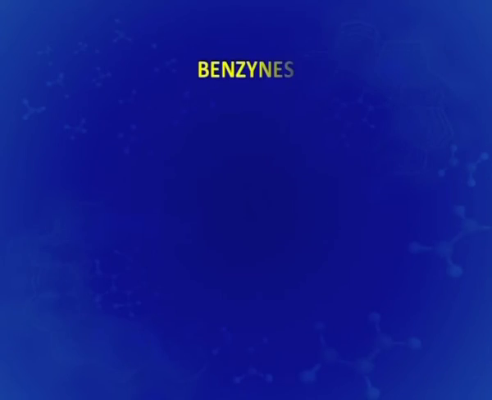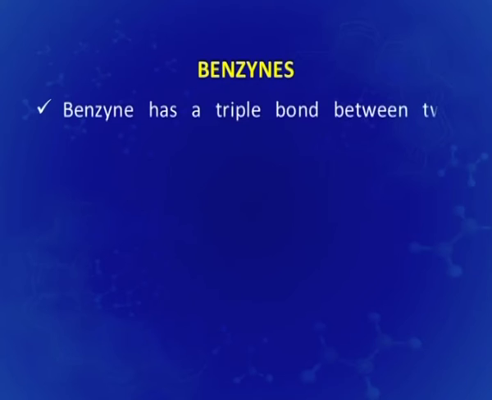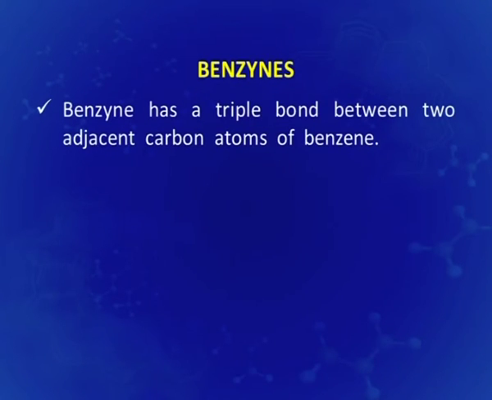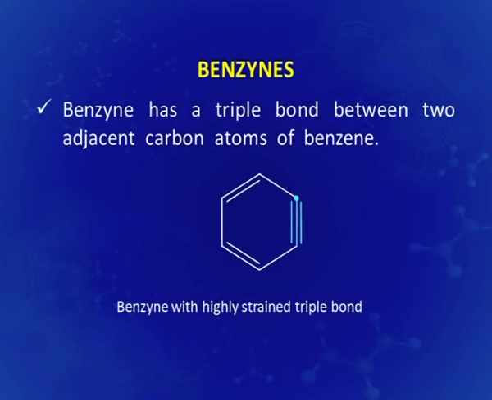Another type of intermediates observed in aromatic compounds are benzynes. Benzyne has a triple bond between 2 adjacent carbon atoms of benzene as shown in this structure. The triple bond in benzynes makes the ring very strained because of the disturbance of the alternate double and single bond structure of a benzene molecule.